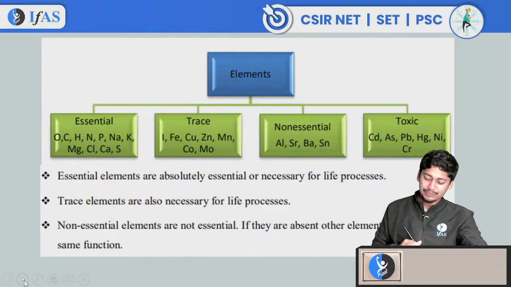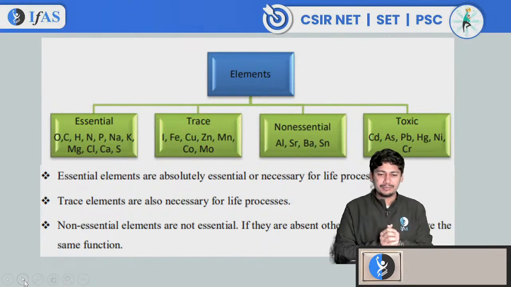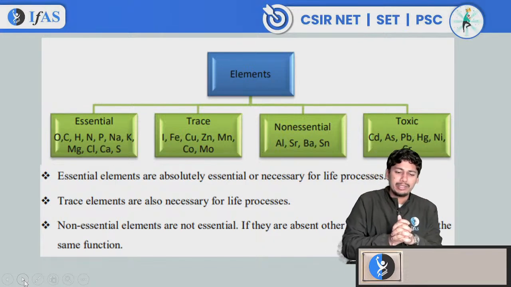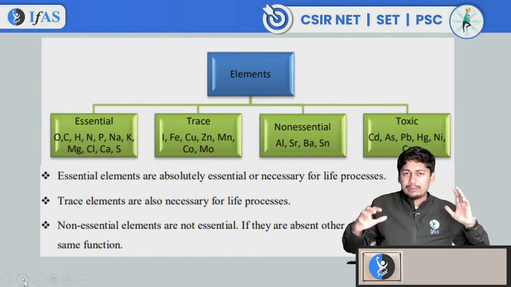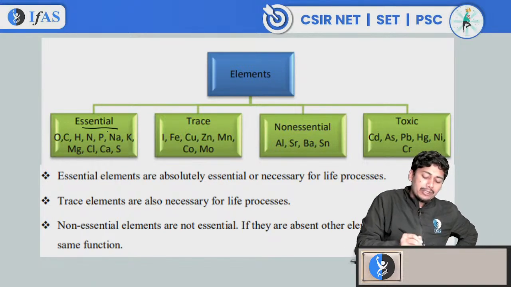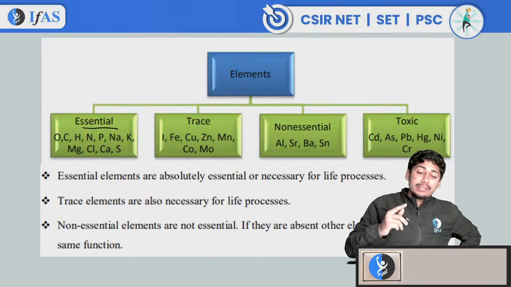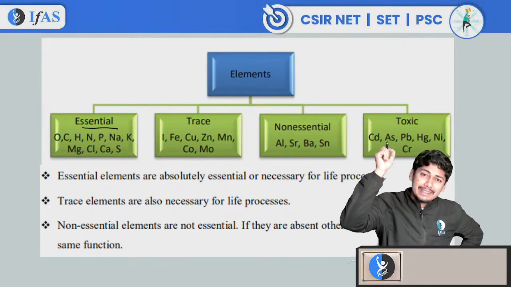Okay, so now let us talk about these elements in detail. You can see that there are different classifications of elements that are required for us or not required for us. For example, there are essential elements. What are essential elements? Essential elements are those that are absolutely necessary.